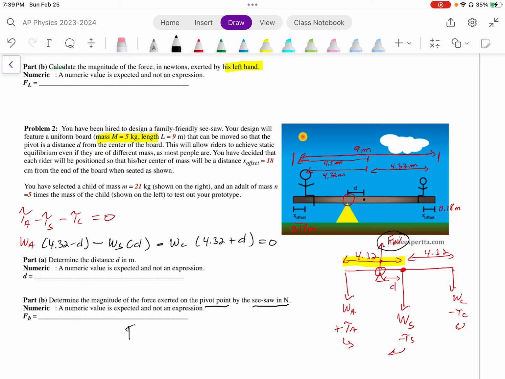So you would solve for force normal using the sum of the forces in the y direction. I can do that real quick. The sum of the forces in y is equal to force normal up minus weight of the adult minus weight of the seesaw minus weight of the child is equal to 0. And you can then solve for force normal because we know everything there.